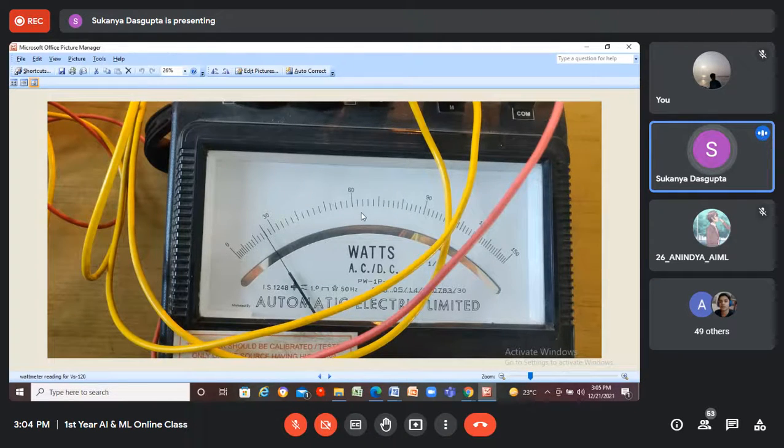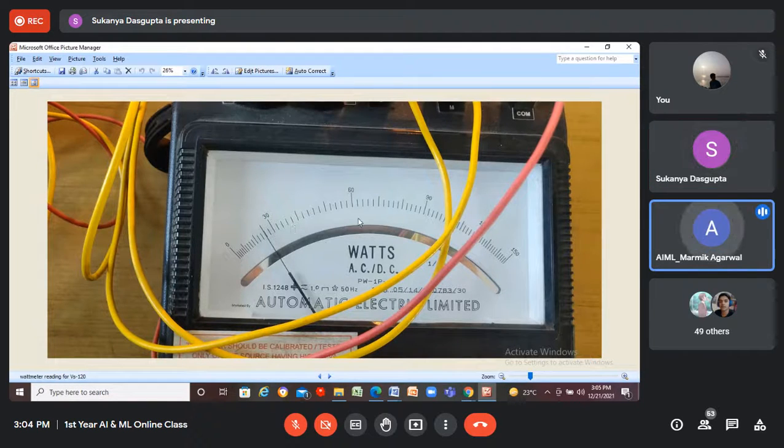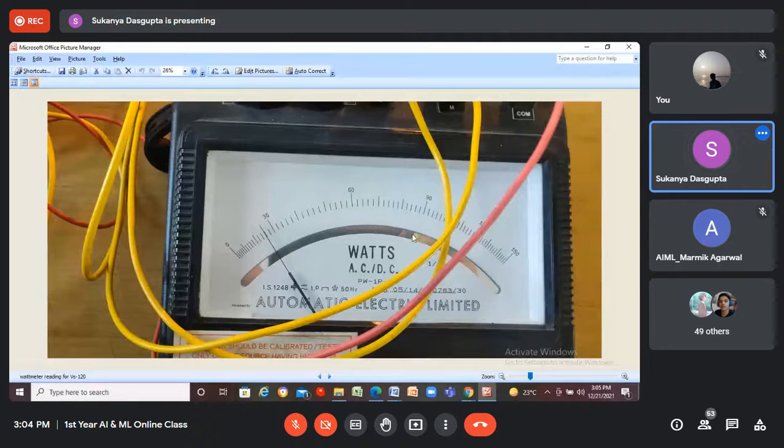We'll just count the number of divisions between the two bigger intervals. Yes, ma'am, the difference is due to design. One cause is the design of this type of AC instrument or electrodynamometer type instruments. These are mainly design specific.